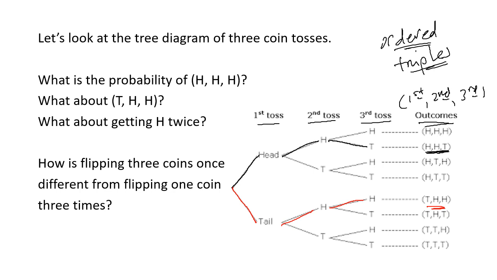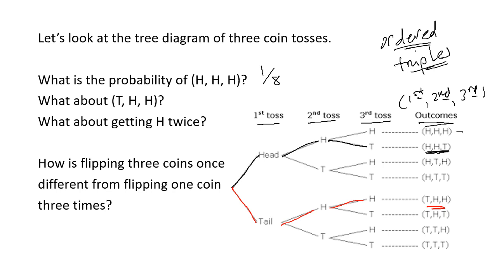This is important because in a problem like the first one, the probability of heads, heads, heads, there's only one way to get this, and there's 8 total outcomes. So we know the probability here is that it will happen one time out of 8. There's one way that this can be satisfied, and the size of the sample space, the number of possible outcomes, is 8.